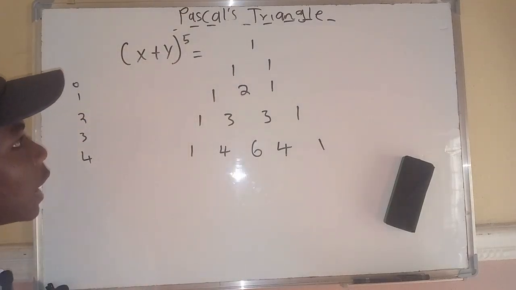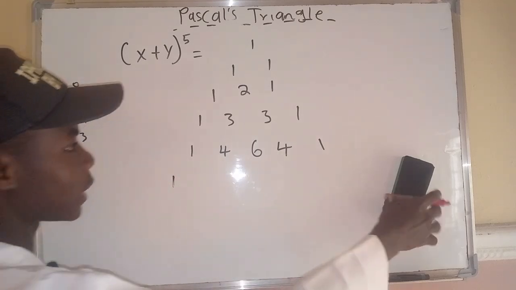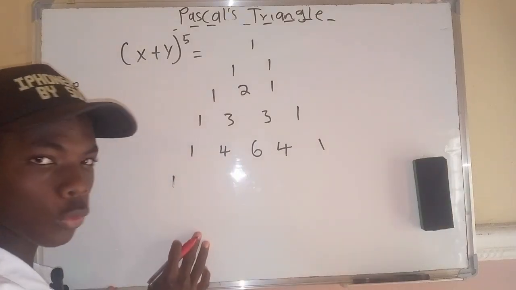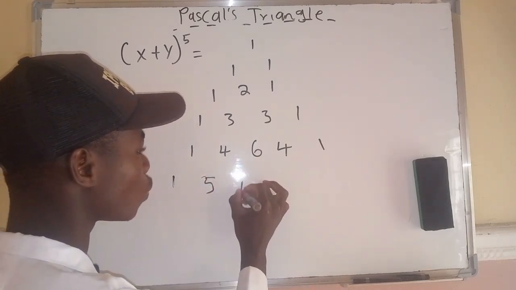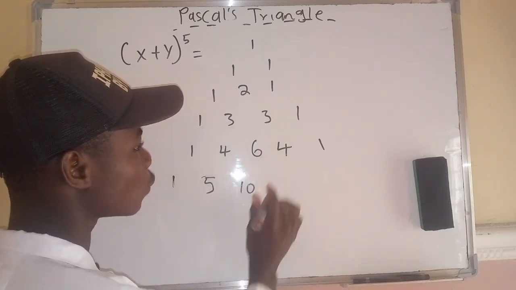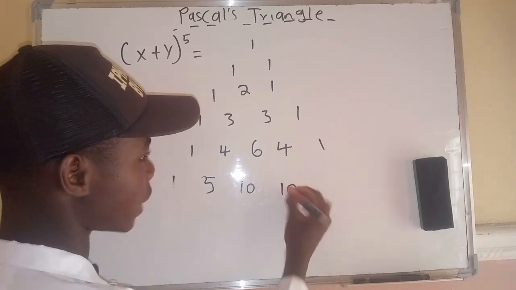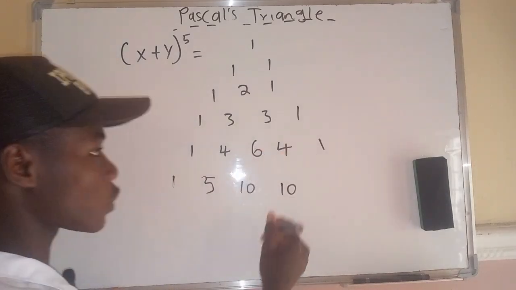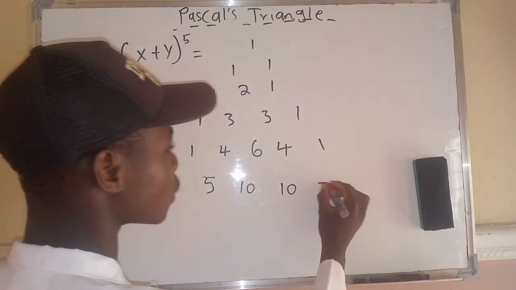Let's move further. I have my constant, which is 1. 1 plus 4 is 5. 4 plus 6 is 10. 6 plus 4 is also 10. And 4 plus 1 is 5.